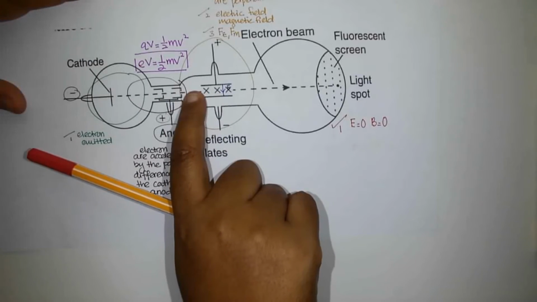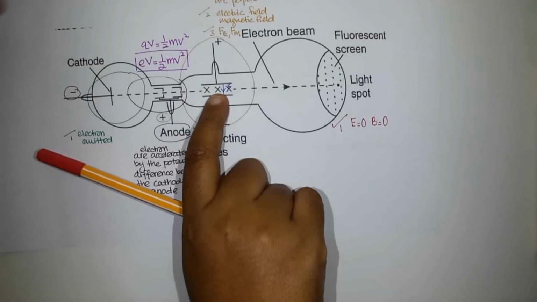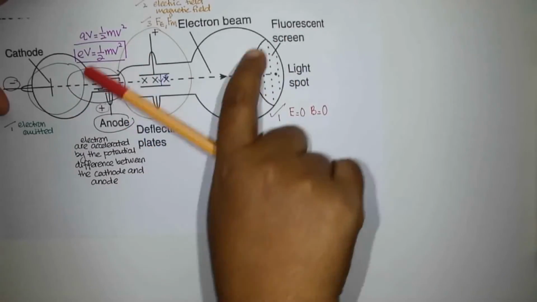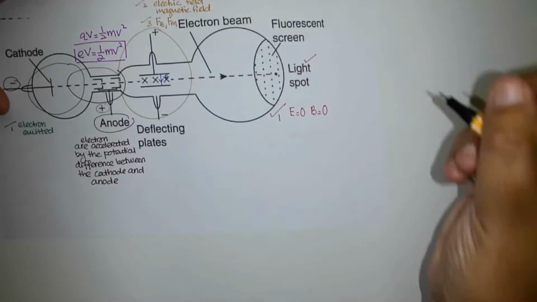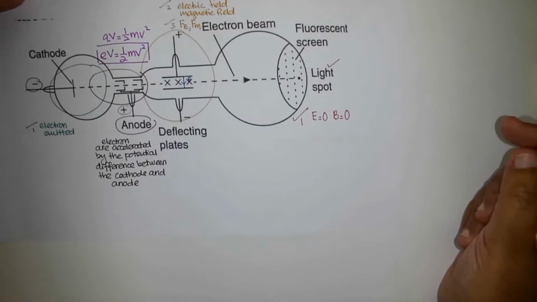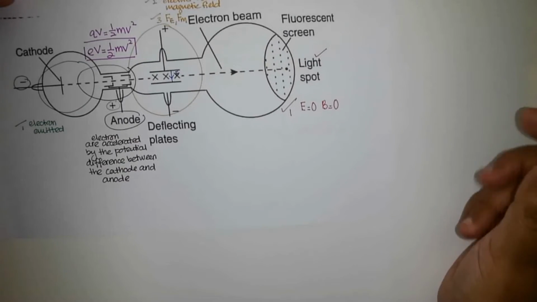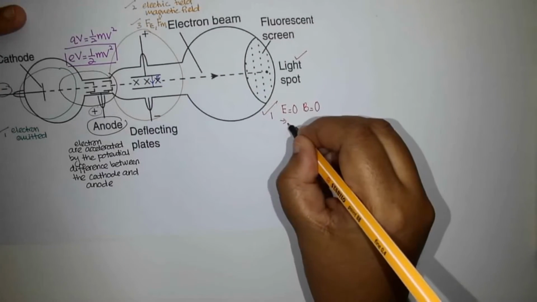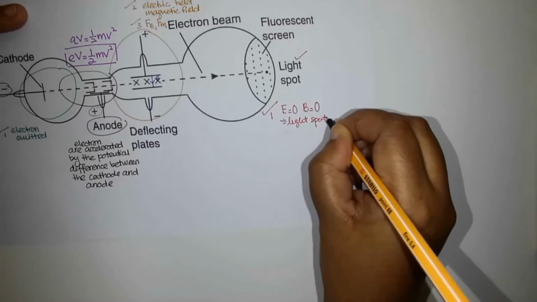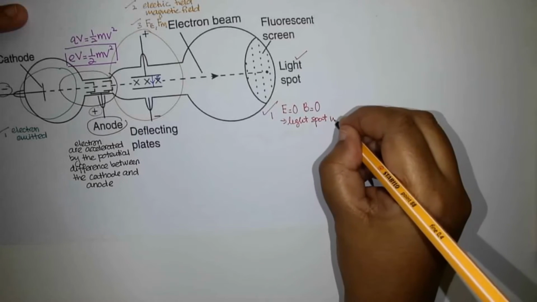The electron will not be deflected because there is no electric field and no magnetic field. So the electron will go straight and hit the fluorescent screen, and a light spot can be seen straight, like this. A light spot is noted.